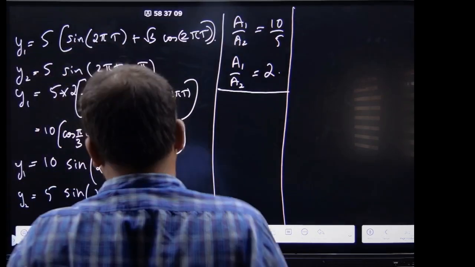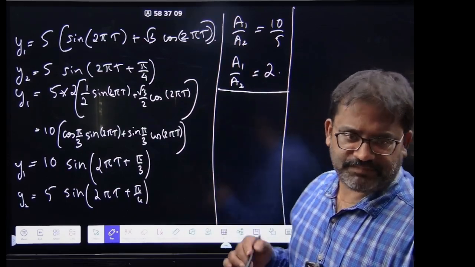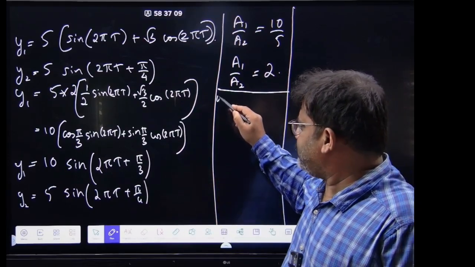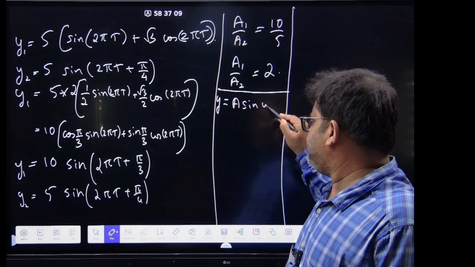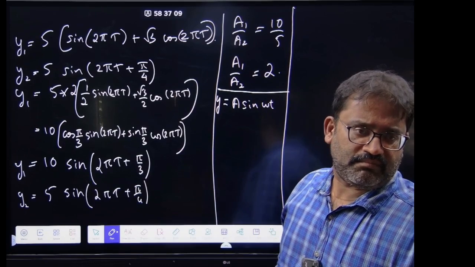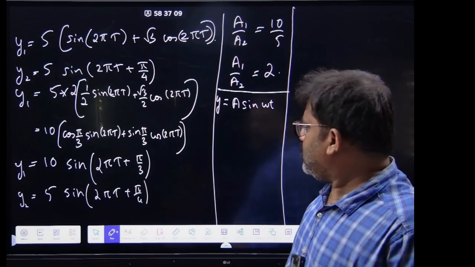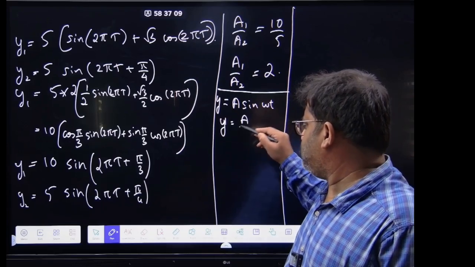What will be the answer now? See, let us go for the equation of oscillation first. Now the equation for oscillation is given by y is equal to A sin ωt. Now here according to the question y is equal to A by 2.